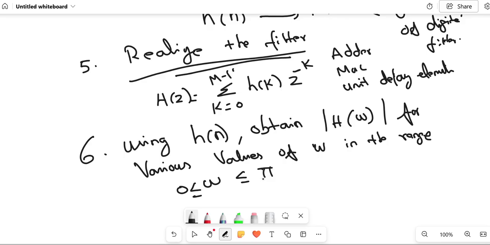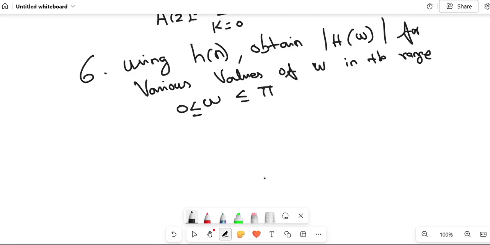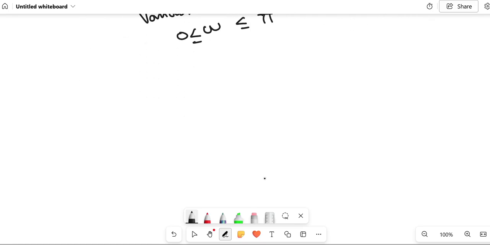Okay. So, if we see the rectangular window, for example, we will take the rectangular window first. What are the different window functions? Rectangular window, Hanning window, Hamming window.